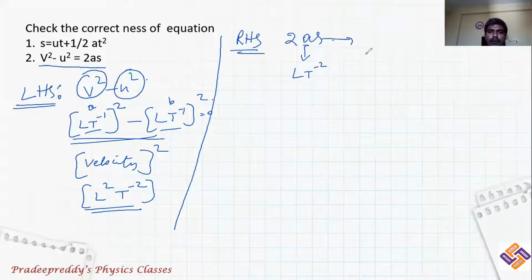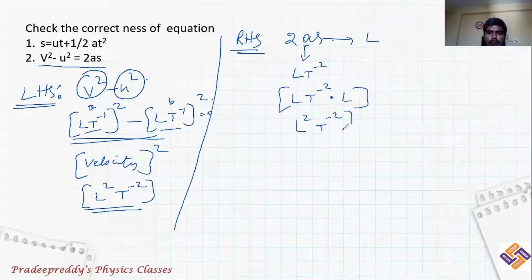It is L. Now write down right hand side dimensions. L t power minus 2 into L. This is equal to L square t power minus 2. So right hand side dimensions L square t power minus 2. This is equal to left hand side dimension, and that is L square t power minus 2.